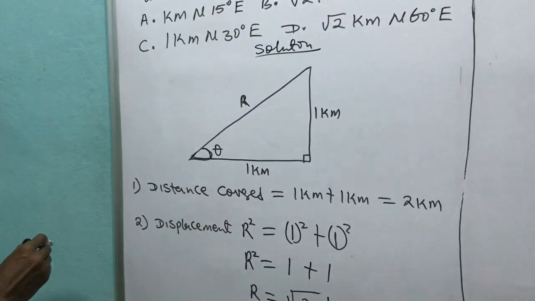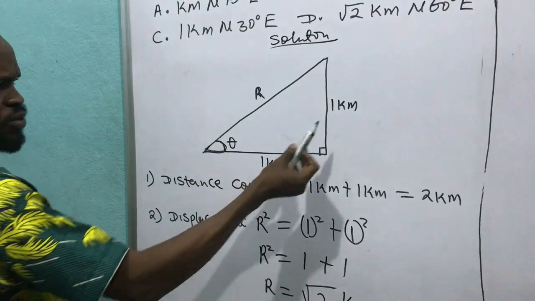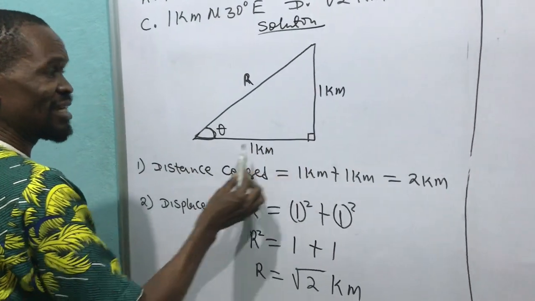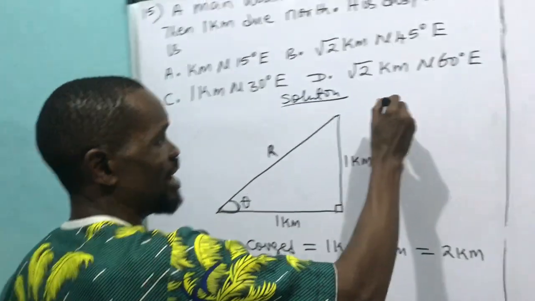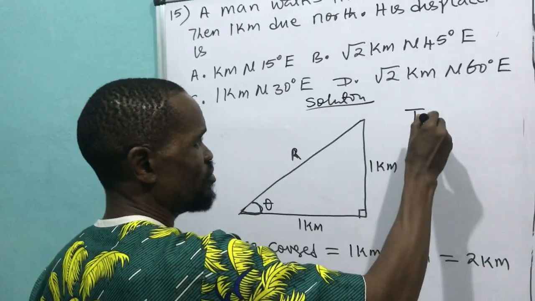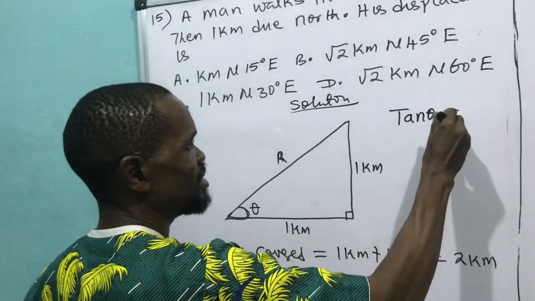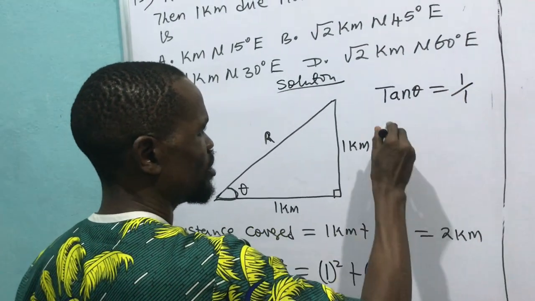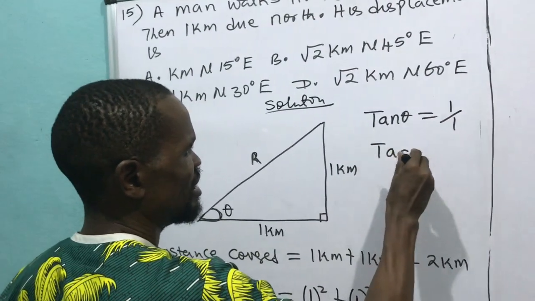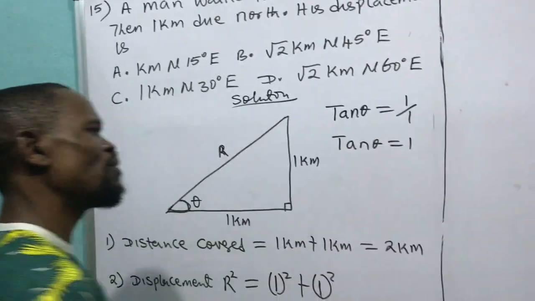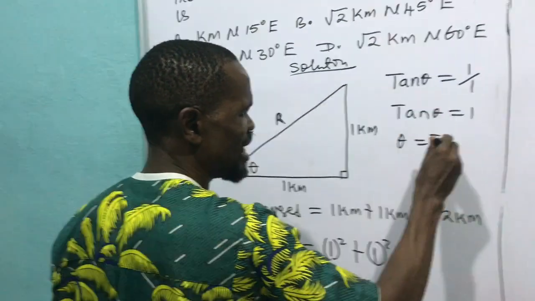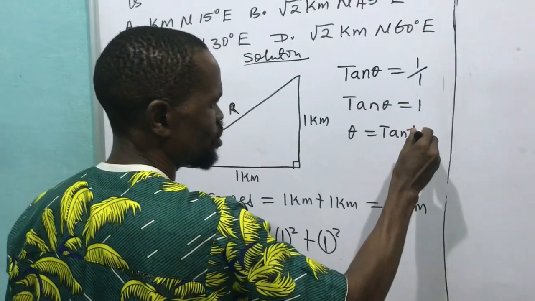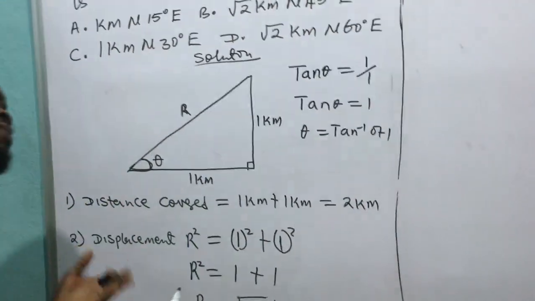For me to find it, I know that tan is opposite over adjacent. So tan theta is equal to 1 over 1, which means tan theta is equal to 1. I can now say that theta is equal to tan inverse of 1.